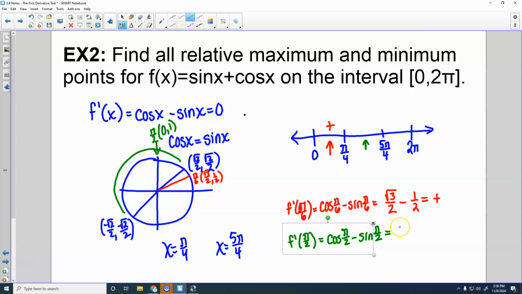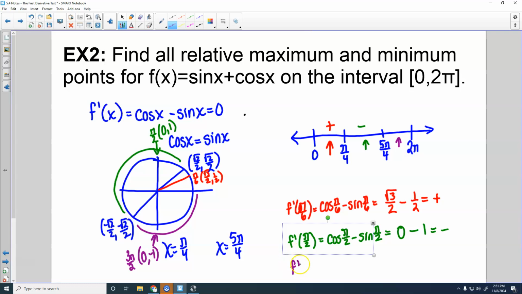And cosine of pi over 2 is 0, sine of pi over 2 is 1, and we're going to get negative 1.